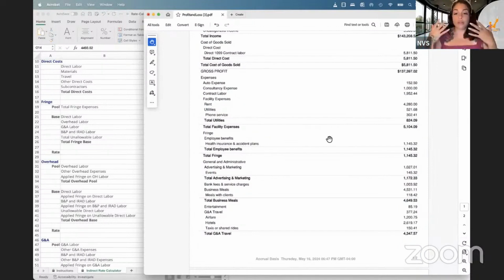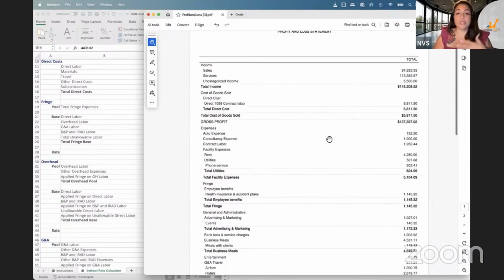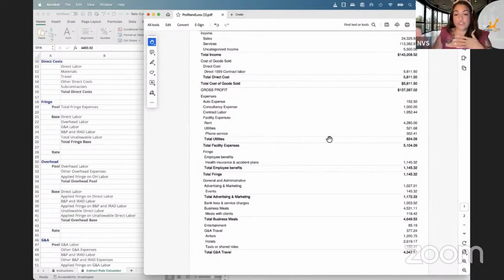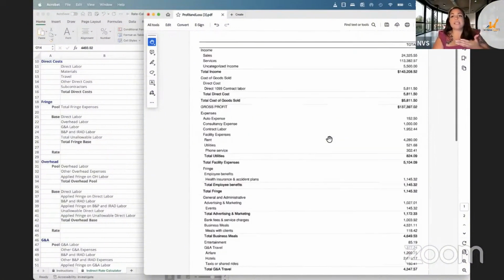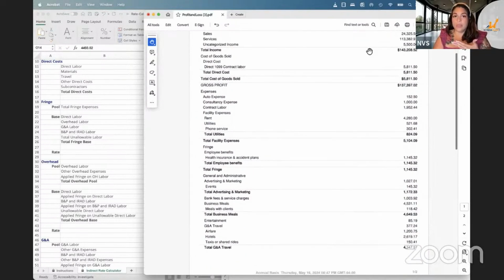So when you start obtaining costs, you're going to have an accountant or a bookkeeper or yourself inputting those costs into your system. And in that accounting system, it's going to generate a report for you, which is quite nice because you can see what your services and income is versus your direct costs.